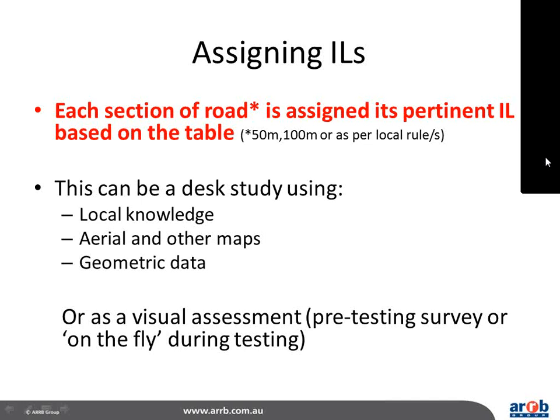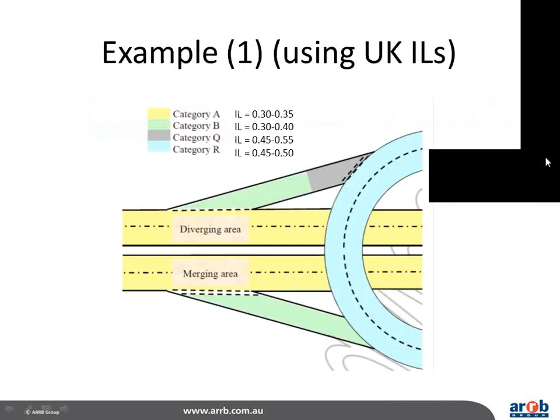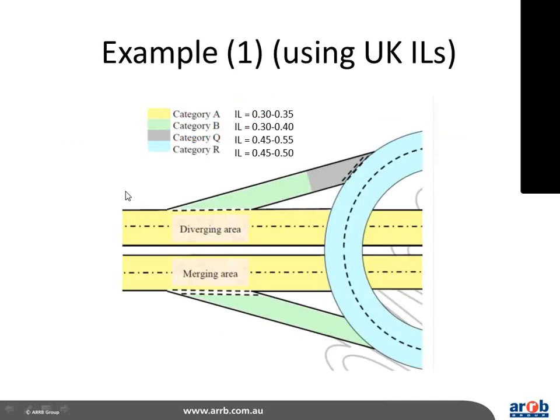So let's have a look at this in practice, how we might do this. Here's a schematic. It's from the UK, but it could conceivably be anywhere. And here's a road network, areas of the road, and it's color-coded according to where we want to start and finish our various segments of the same investigatory level.